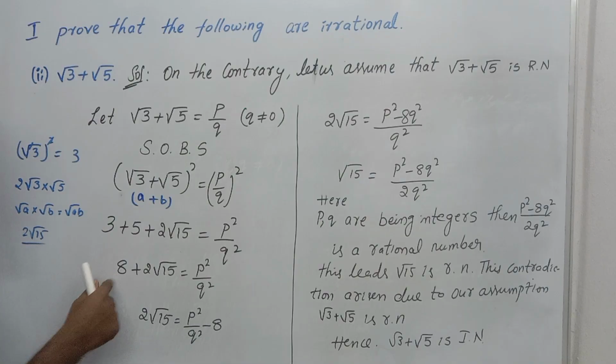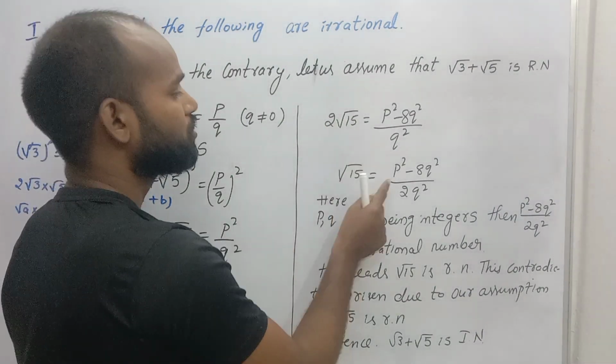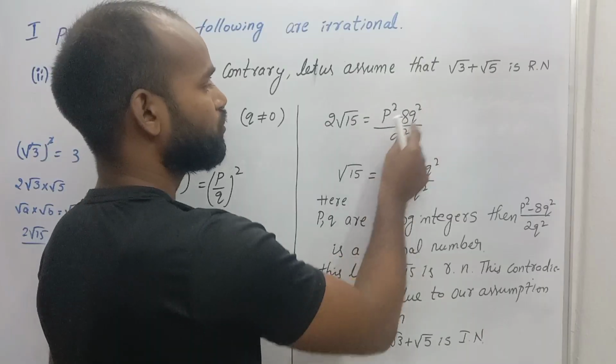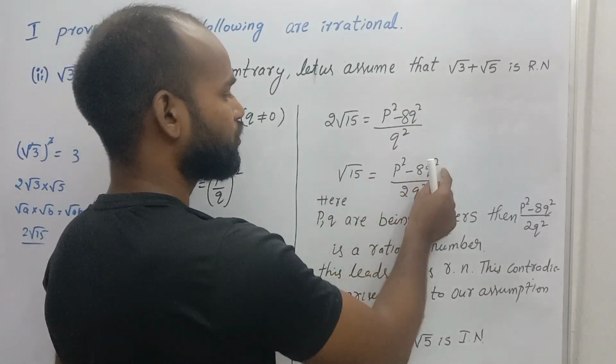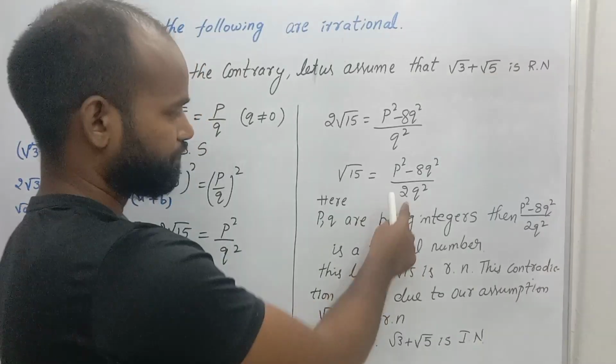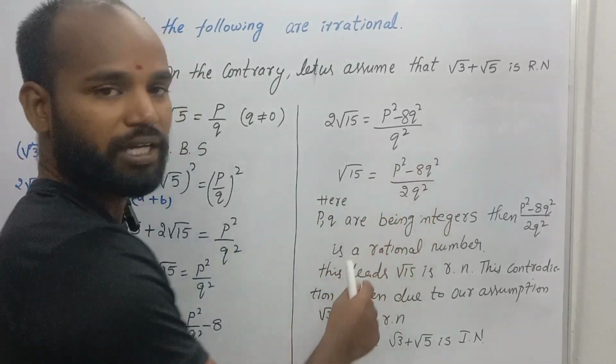Then sending this 8 to that side, it becomes negative 8, right? 2 root 15 equals p square by q square minus 8. Then sending the q square to that side, it becomes the denominator. So root 15 equals p square minus 8 q square by 2q square. So here it is in the form of p by q, yes or no?